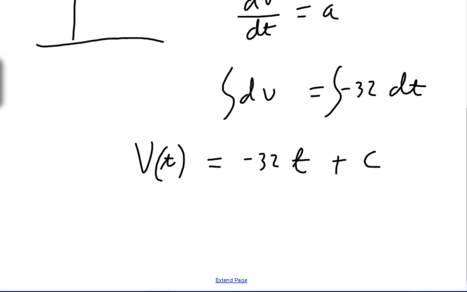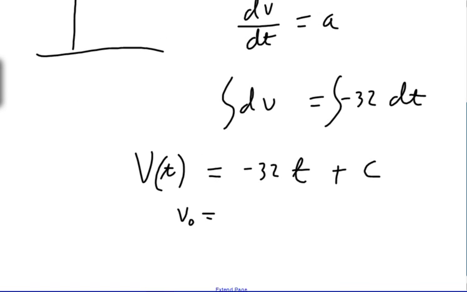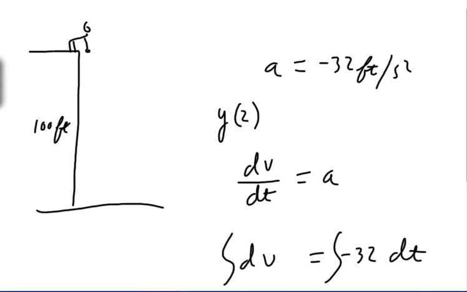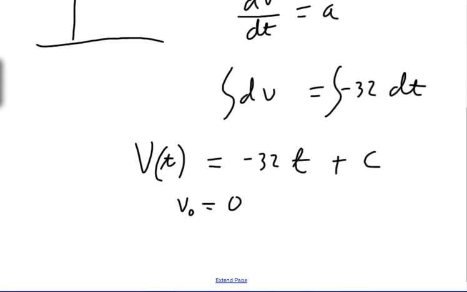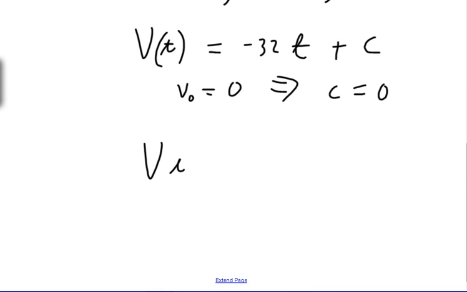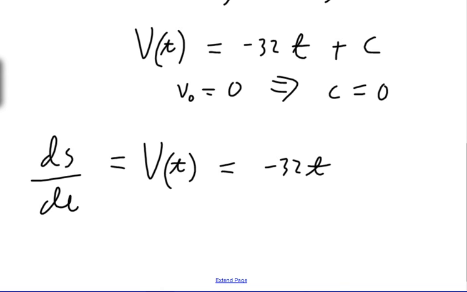Now, what was velocity at time 0? Well, I'm up here and I'm dropping it, so the velocity at time 0 is 0, which implies that c is equal to 0. So my equation is that the velocity at time t is equal to minus 32t, which is also equal to the change in distance over change in time.